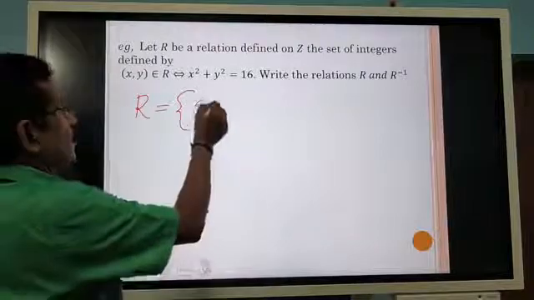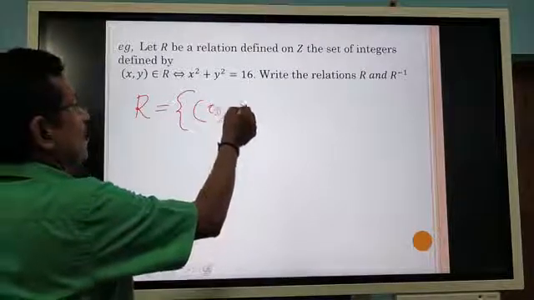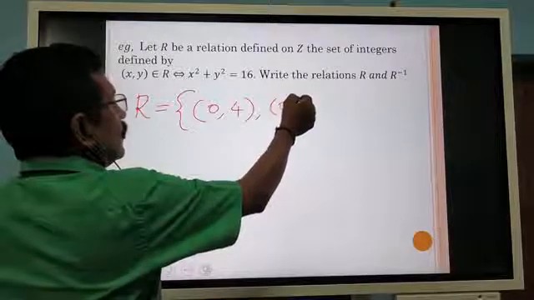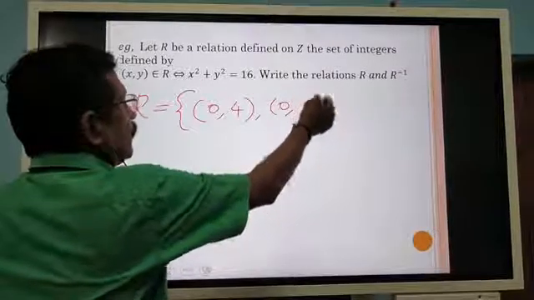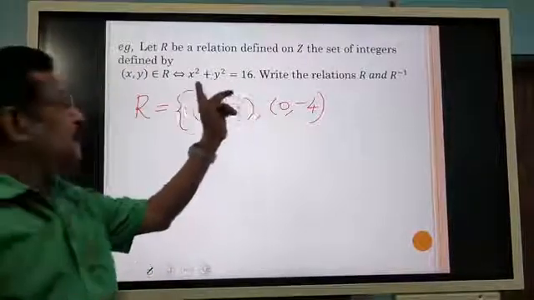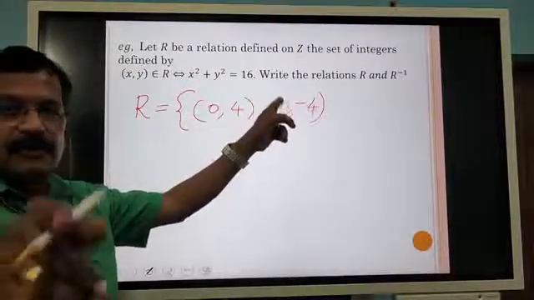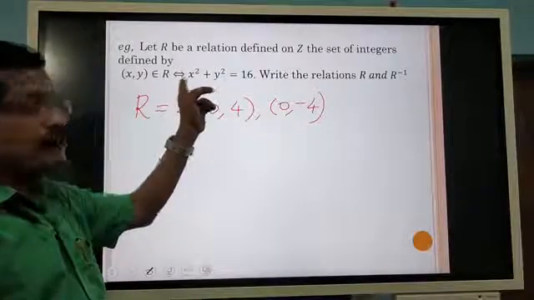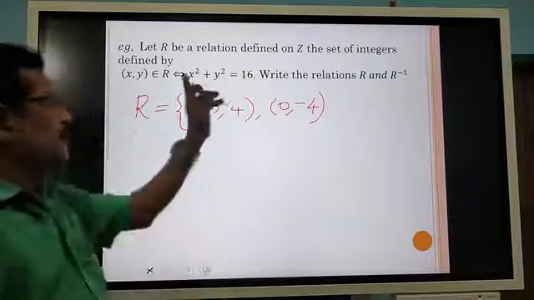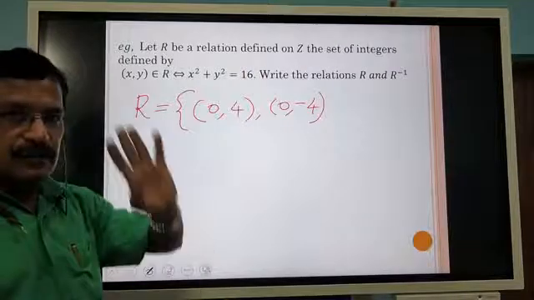So (0, 4) and (0, minus 4). Now if you give x equal to 1, it is not possible because the square root of 15 is not an integer. If you give 2, square 4, it is 12, it is not possible. If you give 3, then also it is not possible.